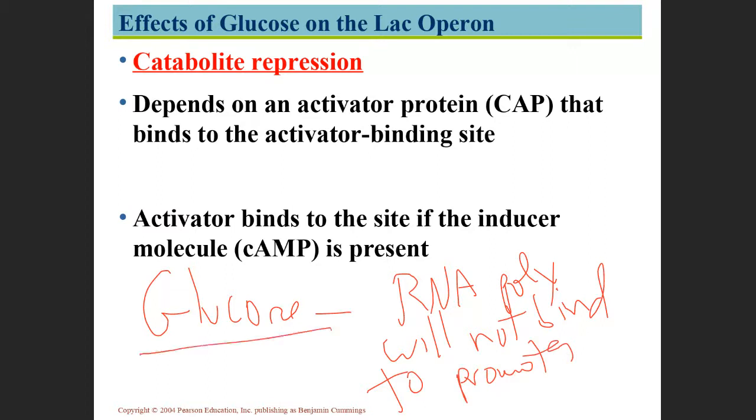So as long as glucose is present, RNA polymerase will not bind to the promoter of the lac operon. So even in the presence of lactose, if glucose is also present, RNA polymerase will not be able to work. So that's what catabolite repression means. It means we have a sugar that is repressing the transcription of a gene.